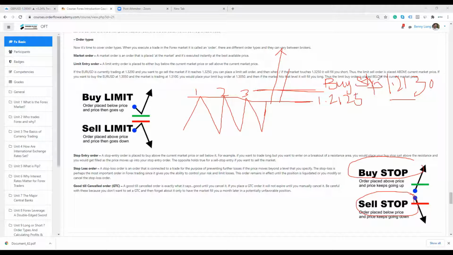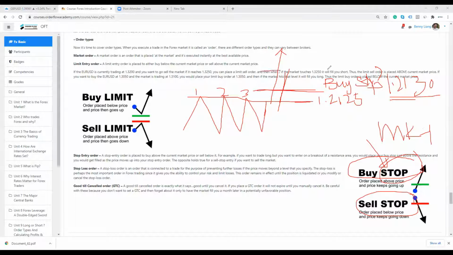Now again, when the trader puts in the buy stop, this is a market order. All the stop orders are considered market orders, right? That means when the price pushes up very fast, even though the trader put in, I want to buy at 1.2130, because this is a market order, you might not get filled at 1.2130.